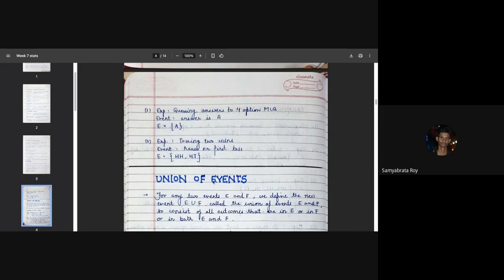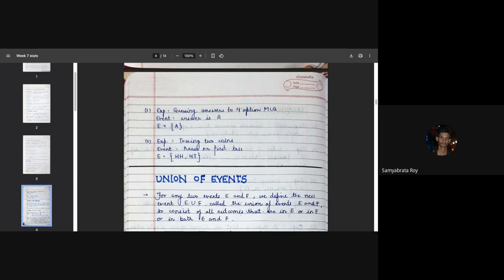Now we can think of the union of events. Why are we naming it a union of events? Because if you visualize it, you will see that an event is nothing but a set. And earlier I mentioned that an event is a subset of the sample space, so we should be able to perform all the set operations on an event.